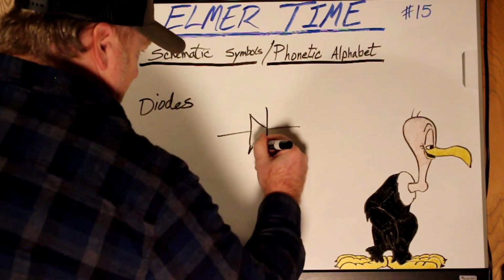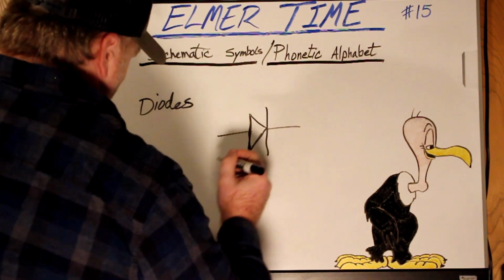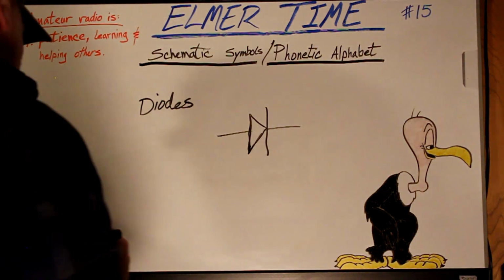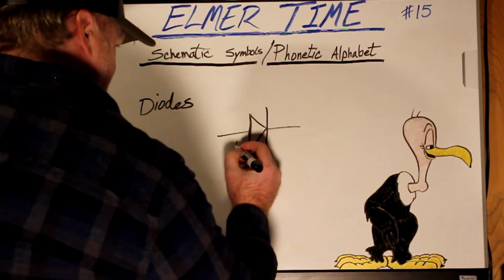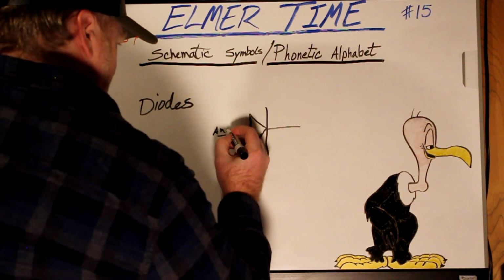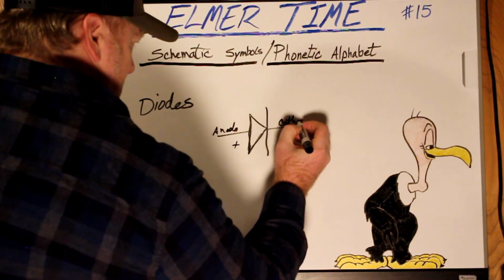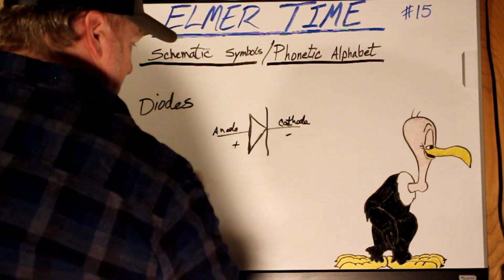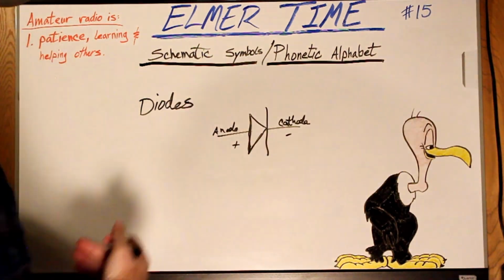This would be your basic generic diode. Once again, this would be the positive side, anode, cathode, negative side. It allows power to go this way, but it doesn't allow power to come back.